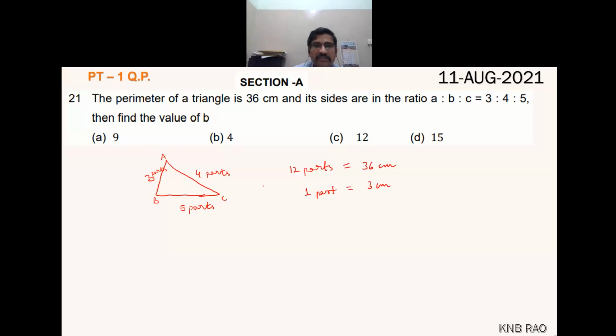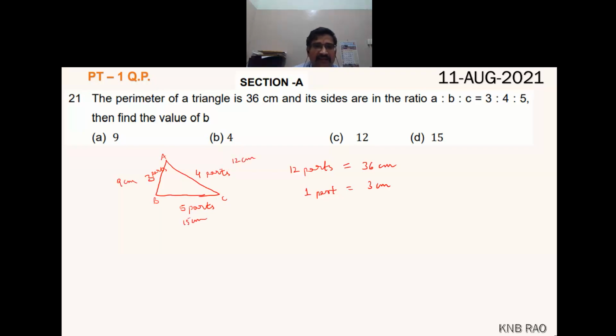So taking the ratio constant as a part or as x, you will find the value of x. Automatically you will get 3 3s are 9 centimeter, 5 3s are 15 centimeter, 4 3s are 12 centimeter.